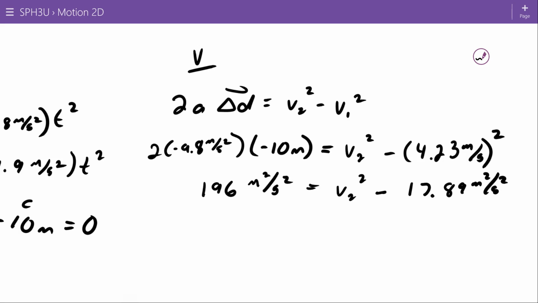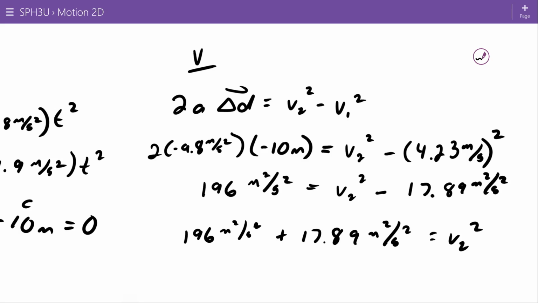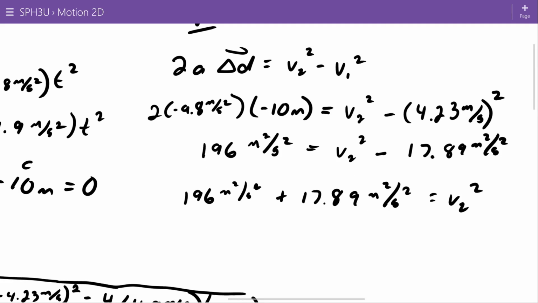So when it comes over to the other side, it becomes a plus. So I got 213.89 meters squared per second squared. It's equal to V2 squared.